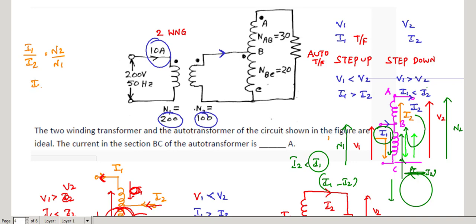So I2 equals I1 times N1 by N2, with I1 is 10, N1 is 200 and N2 is 100. So you get 20 amperes. So here 20 amperes is flowing. You see that it is a step down or step up transformer? It is a step up transformer.